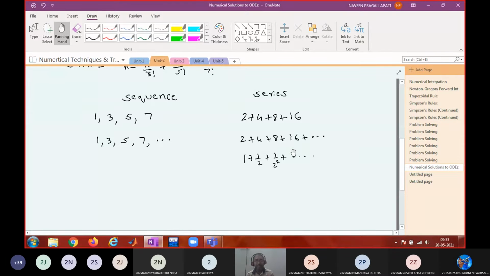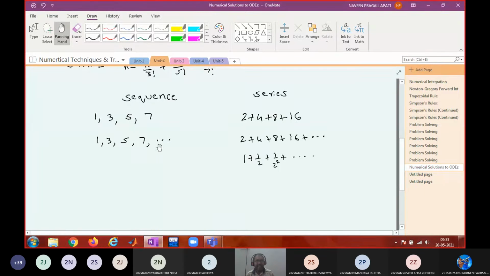There are different methods to know whether there is a sum or not. If it has a sum, then the series is said to be convergent. By default, whenever I say series, please remember it as an infinite series.